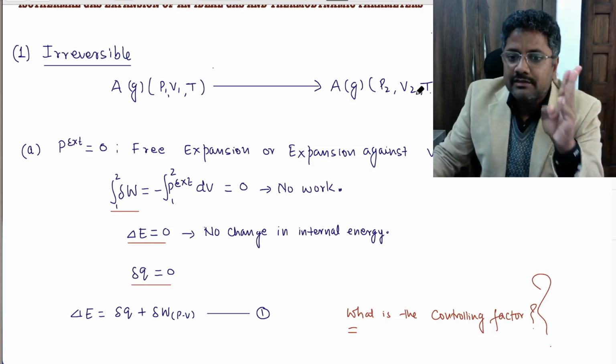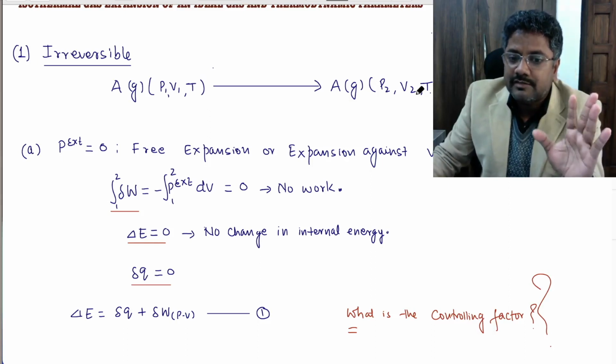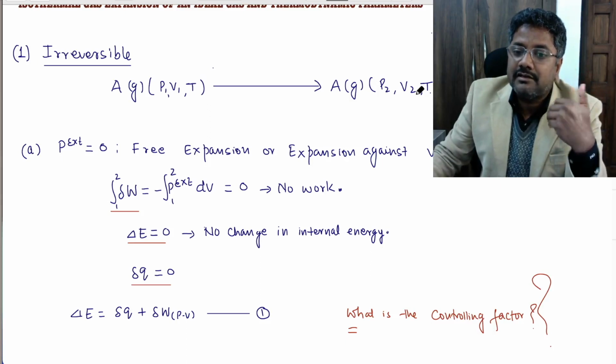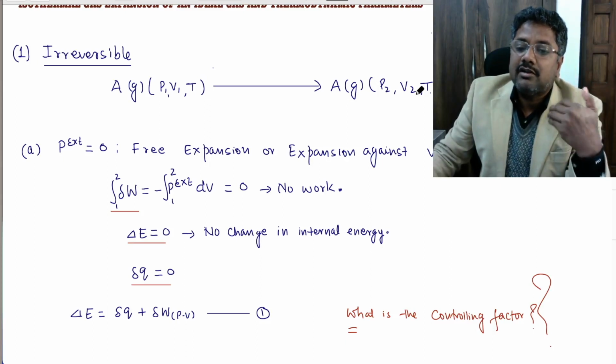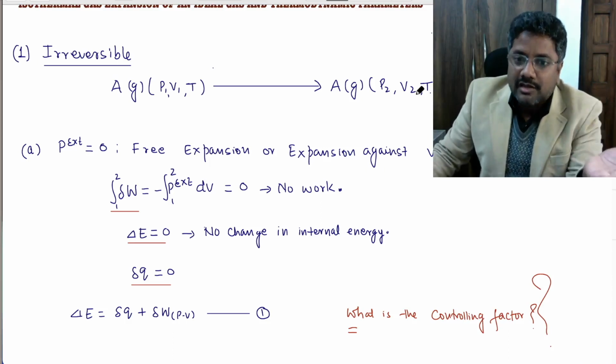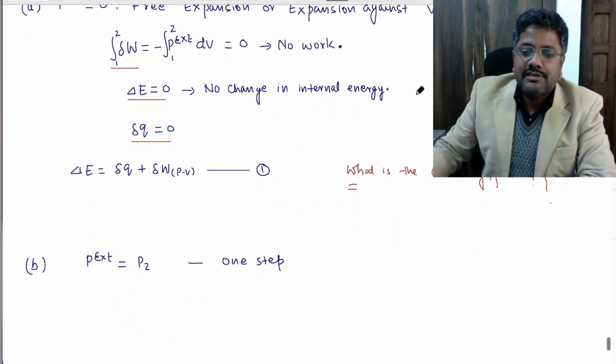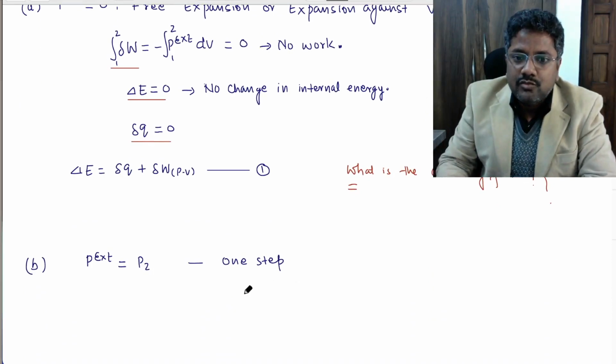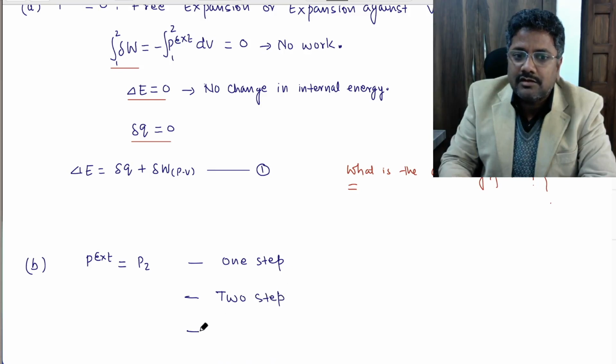If you are doing it in three steps, also irreversible. But if you are doing the same change in infinite steps, then it becomes reversible. So with one step, two steps, or three steps, the process is irreversible.